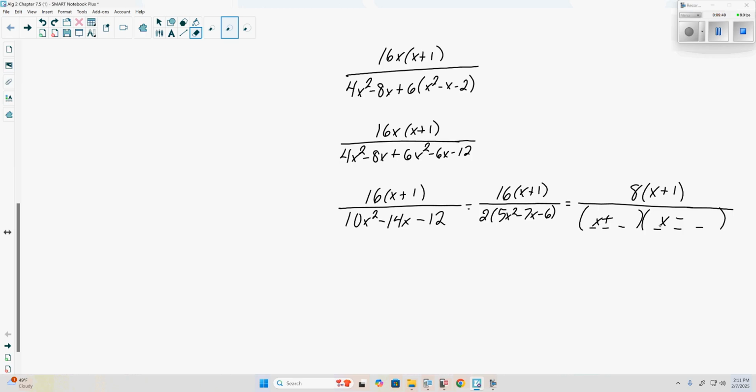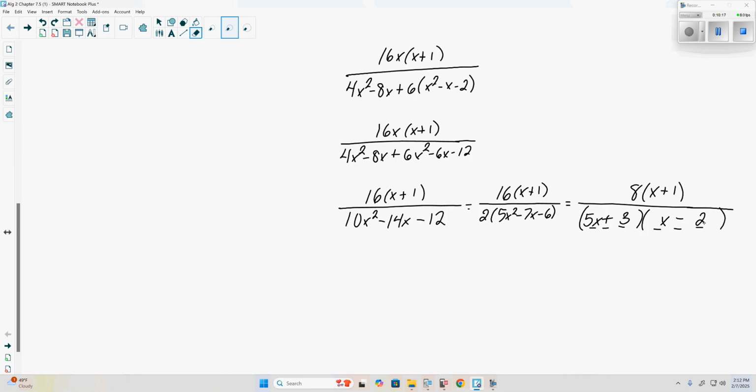Factors of x squared are x and x. I'm going to put the 5 with the plus and 1. Factors of 6: 1 and 6 or 3 and 2. Now this is going to work because 5x times negative 2 would get us negative 10. 3 times x would give us plus 3x. Negative 10 plus 3 is negative 7.